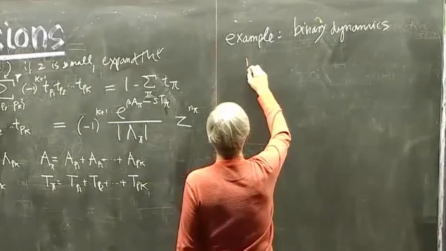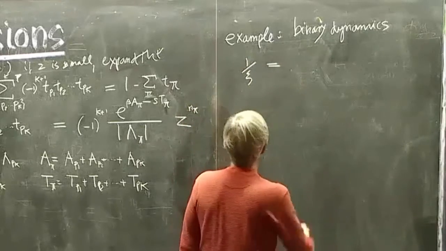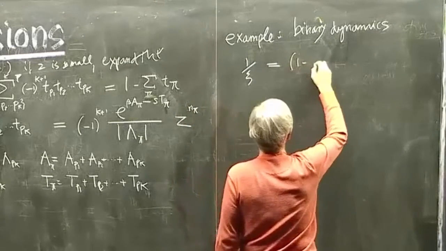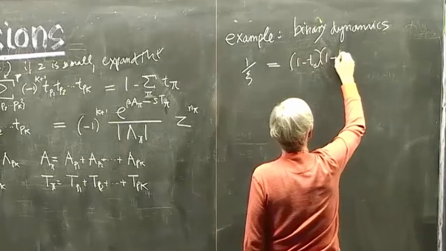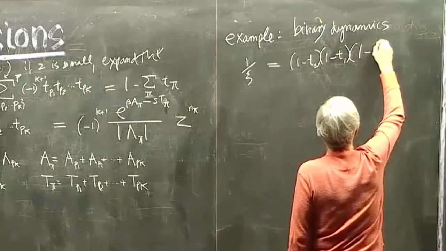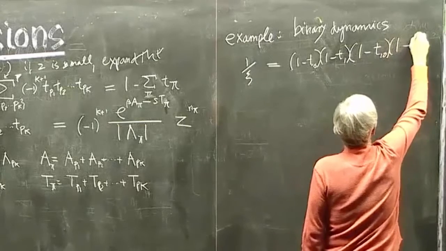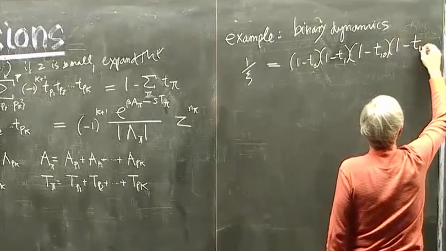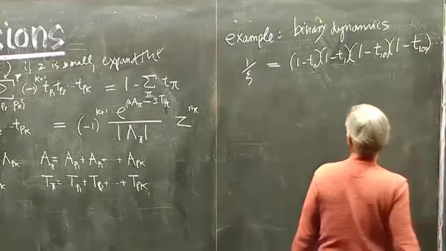And in that case, we can write the zeta function explicitly as 1 minus the weight of fixed point 0, 1 minus the weight of fixed point 1, 1 minus the weight of the 2-cycle, 1 minus the weight of the 3-cycle, and so on.